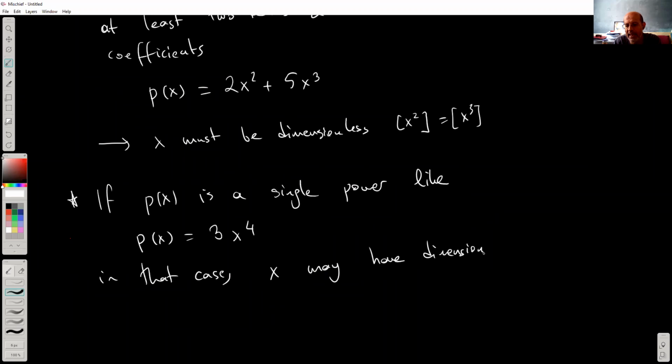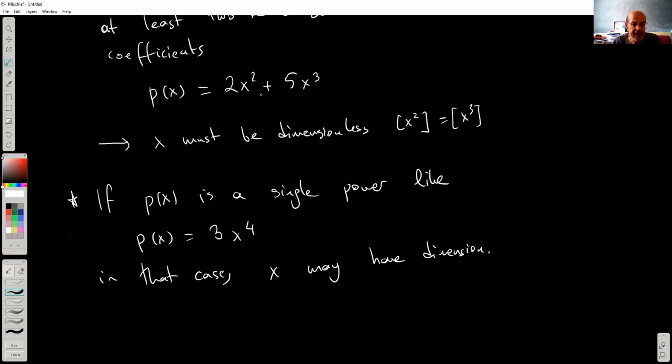That's the only exception: if the function is a simple power, then the argument can have dimension. Otherwise, the argument should be dimensionless, okay? That's the essential idea, but don't try to think of it as some kind of general rule. Sometimes we can write polynomials, but the polynomials might have some dimensionful coefficients. So there are these kinds of possibilities as well.